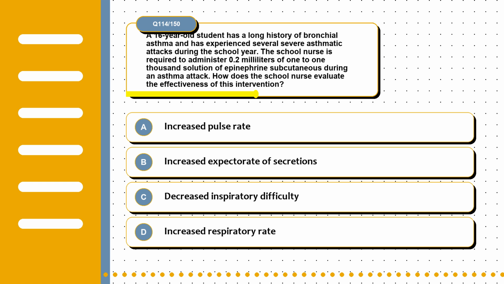How does the school nurse evaluate the effectiveness of this intervention? Here are the options. Option A. Increased pulse rate. Option B. Increased expectorative secretions. Option C. Decreased inspiratory difficulty. Option D. Increased respiratory rate.